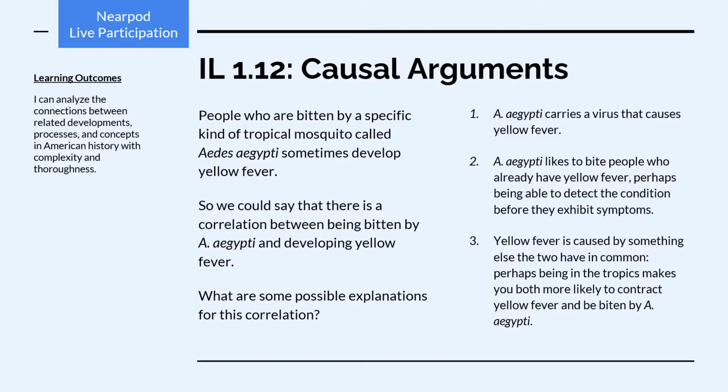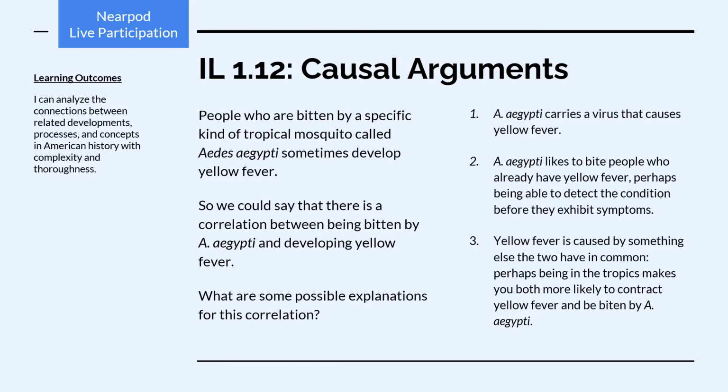I can think of three different explanations for this correlation, only one of which is actual causation. You may have thought right away that perhaps this type of mosquito carries a virus that causes yellow fever, and causation is one possible explanation. However, it's not the only explanation. Aedes aegypti maybe just likes to bite people who already have yellow fever.